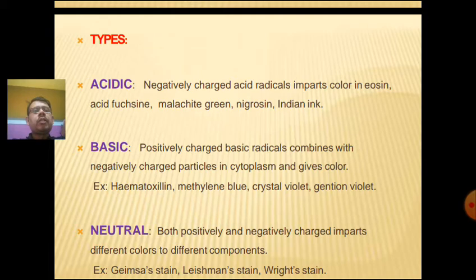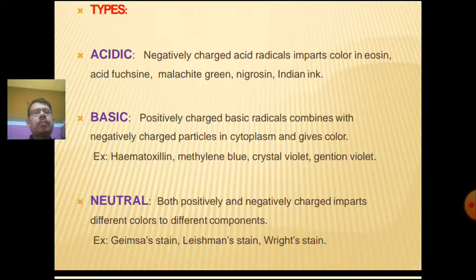Basic dyes: the positively charged basic radical combines with the negatively charged particles in the cytoplasm and gives color, for example hematoxylin, methylene blue, crystal violet, Jensen violet. And neutral dyes, where both positive and negative charges impart different colors to different cell components, for example Jensen stain, Leishman stain and Giemsa stain.